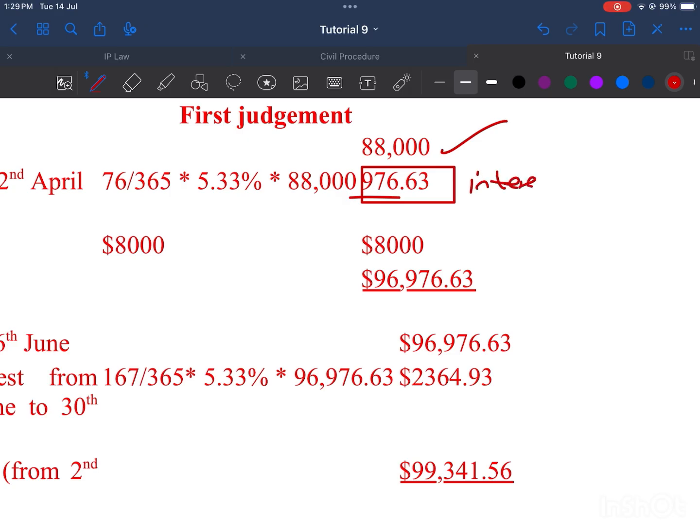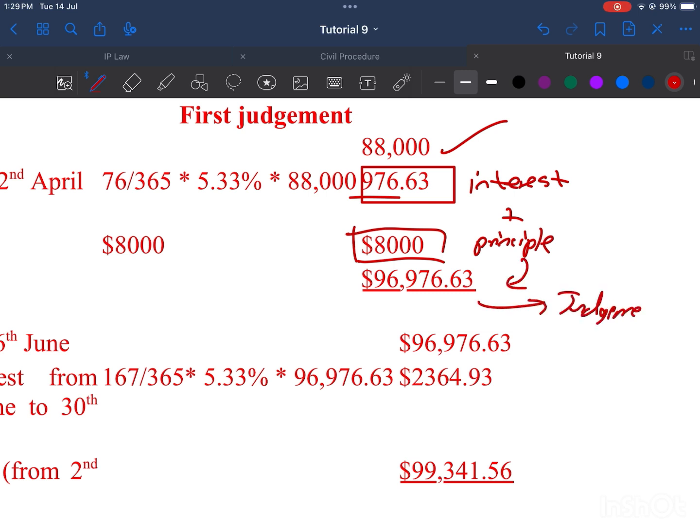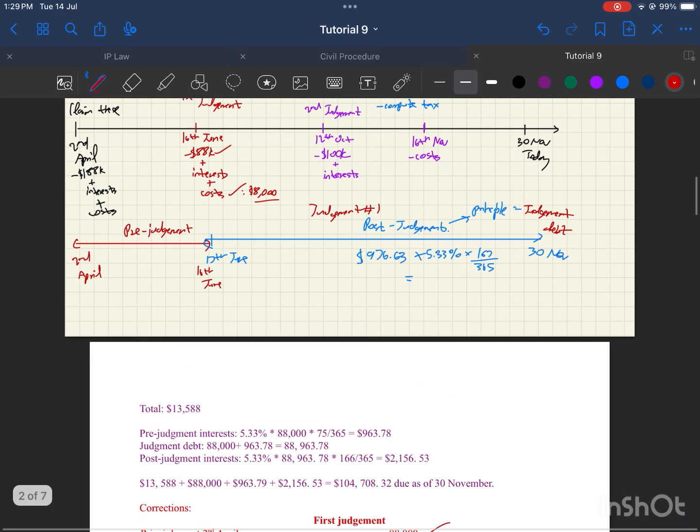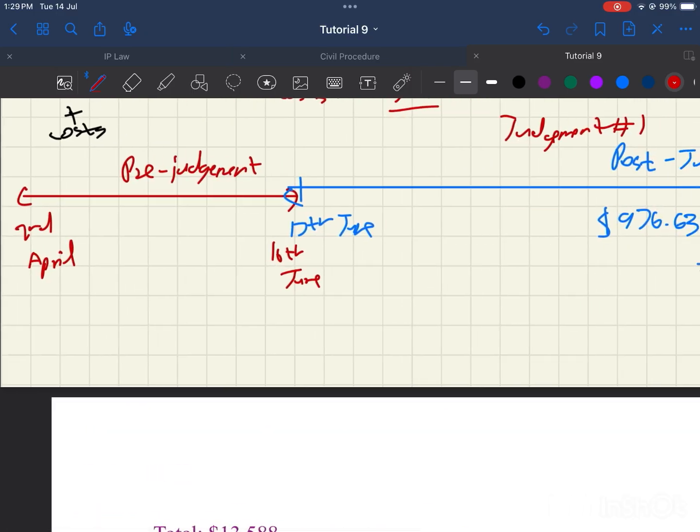And as you recall, this is just the interest, right? So you got to add it with the principal amount of $88,000. Sorry, $8,000 cost as well. So what do you get when you add those things up? You get this. And this is called judgment debt. And why do you got to know judgment debt? So one thing you got to understand is that total amount accrued for pre-judgment period.